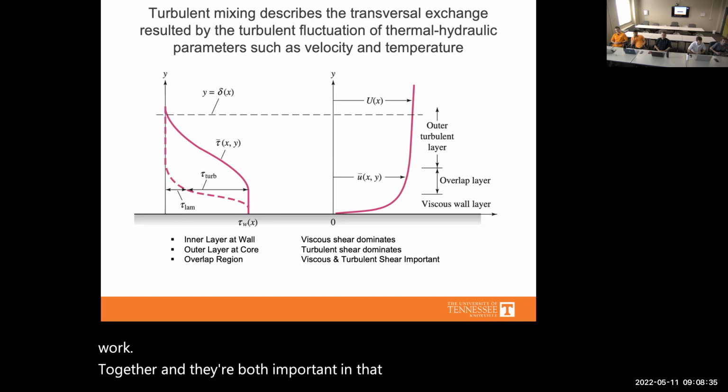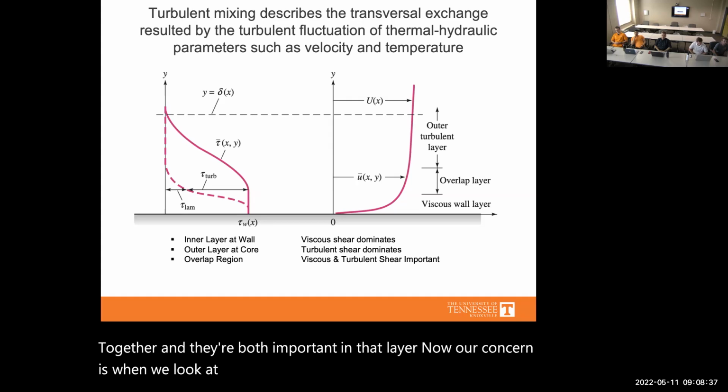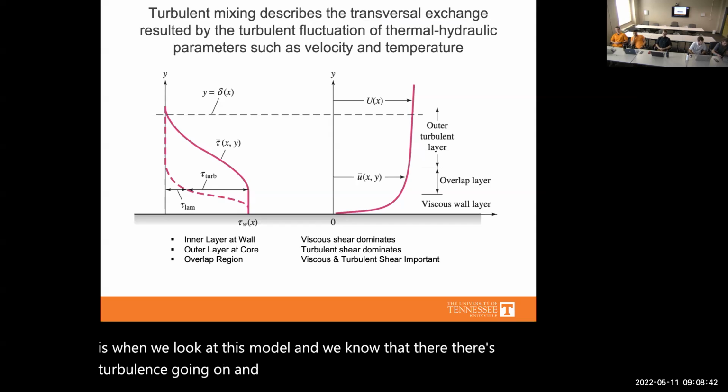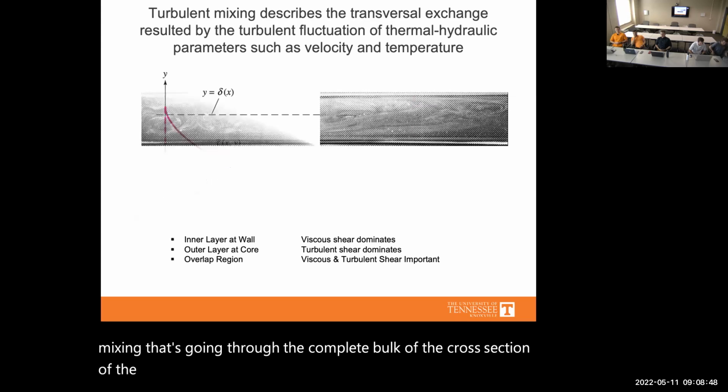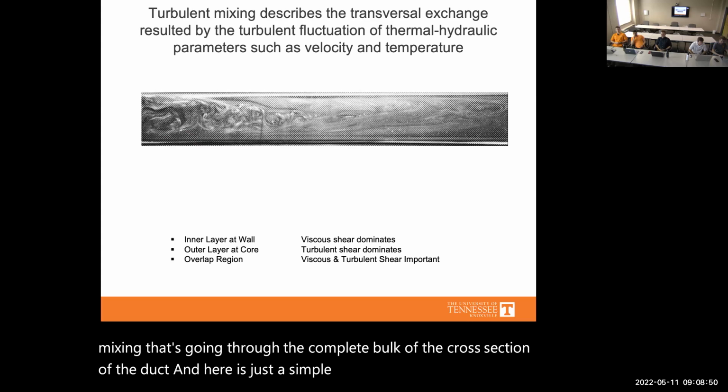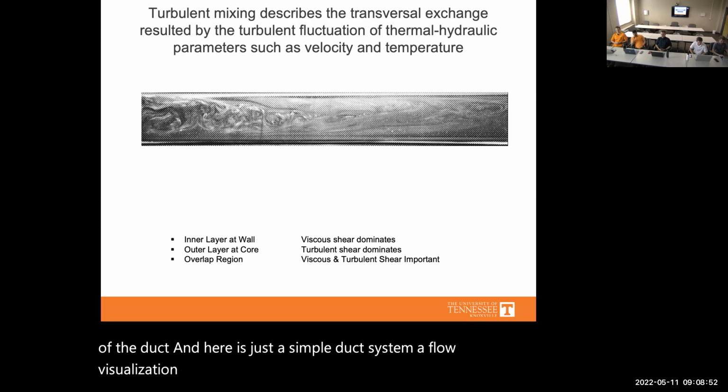Now, our concern is when we look at this model, and we know that there's turbulence going on, and so there's mixing going on. But is there mixing going through the complete bulk of the cross-section of the duct? Here's just a simple duct system, a flow visualization that was done. This is not at the inlet. This is after several equivalent diameters downstream of the inlet.